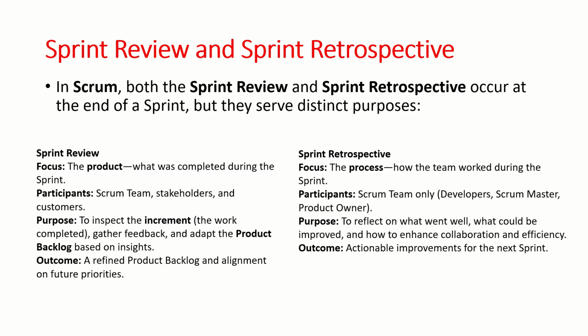The purpose of the sprint retrospective is to reflect on what went well, what could be improved, and how to enhance collaboration and efficiency. The output of the sprint review is a refined product backlog and alignment on future priorities. And in the sprint retrospective, the outcome is actionable improvements for the next sprint.